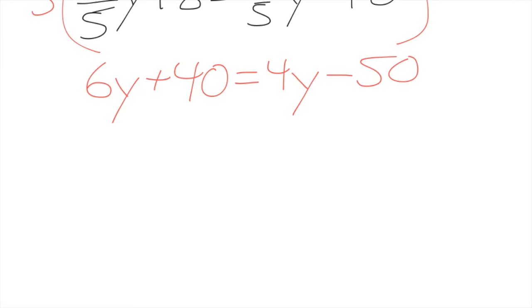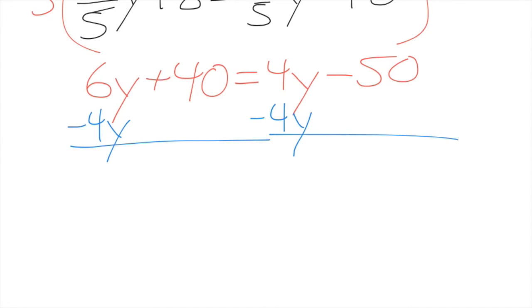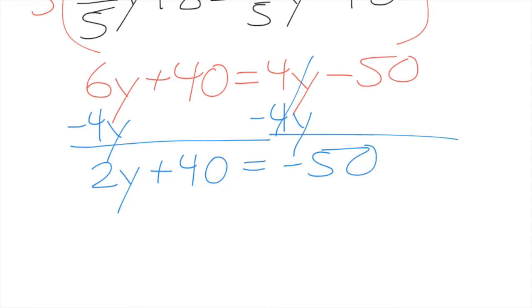Okay, now what would you do to solve this? Subtract 4y from both sides, because that is the smaller one. I would take 6y minus 4y, which is 2y plus 40 equals negative 50. Now what?